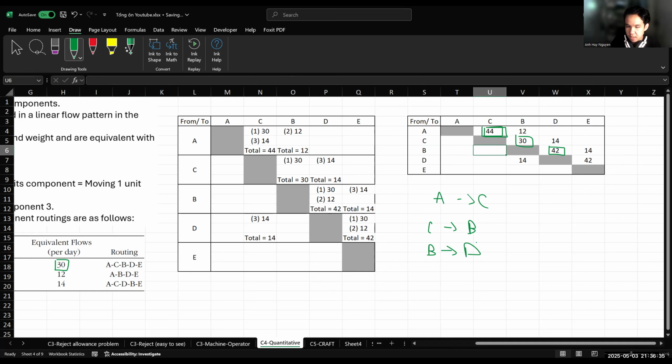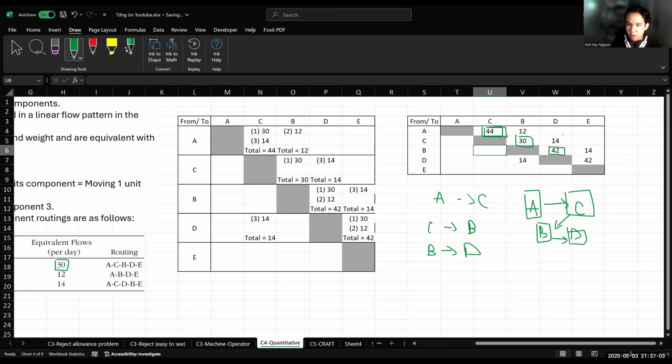The numbers of flow are very high. So when you design the facility, you need to put them close together because there are a lot of flows between these departments, so you should put them closer together to minimize the travel time of the material.